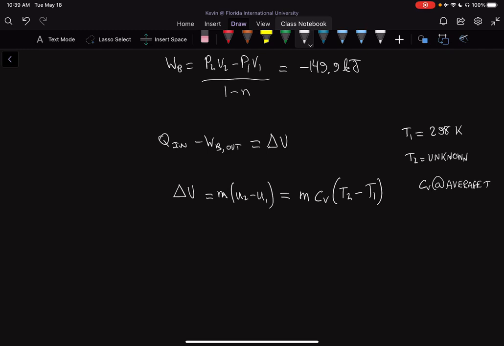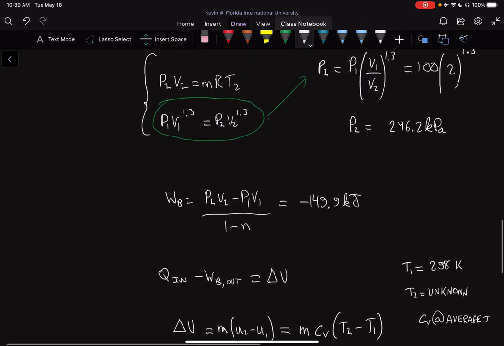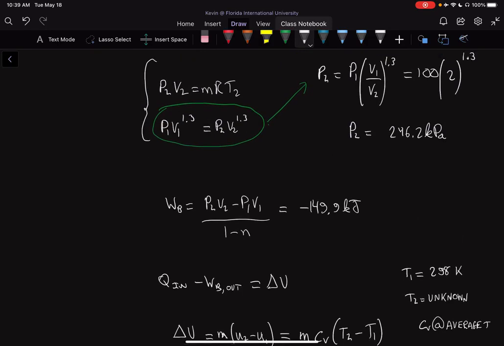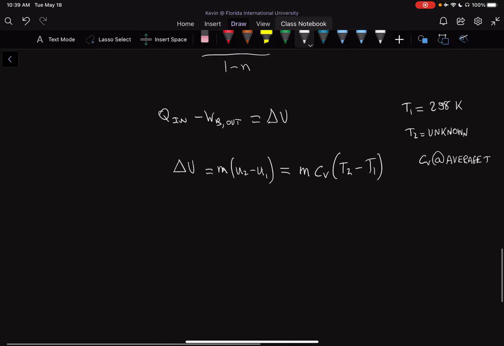So using the other equation, the ideal gas equation, we can now find T2 because we have pressure 2. So we can say that P2 V2 is equal to M R T2. And we can rearrange the equation to find temperature 2. And we find that temperature 2, by plugging in the values, would be equal to 366.9 Kelvin.